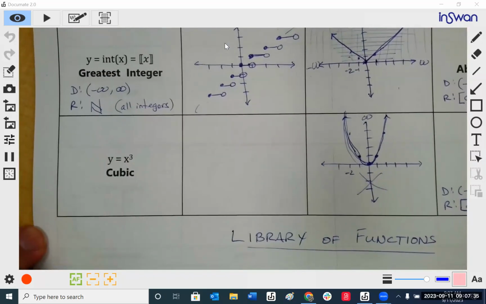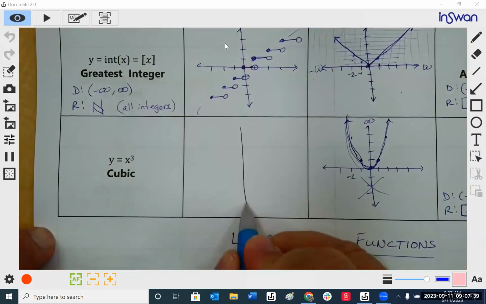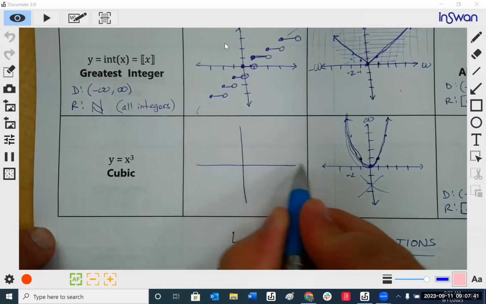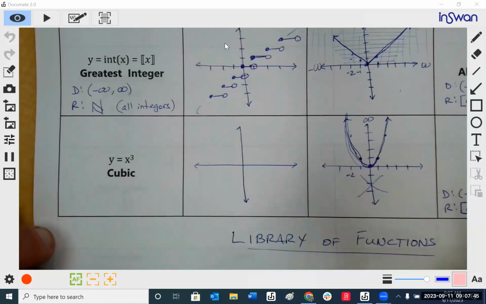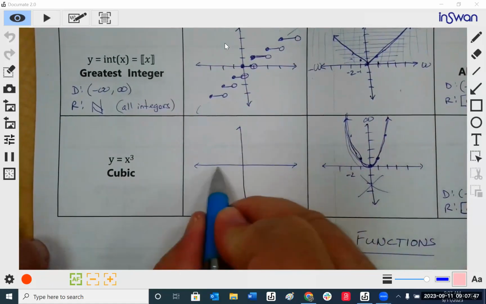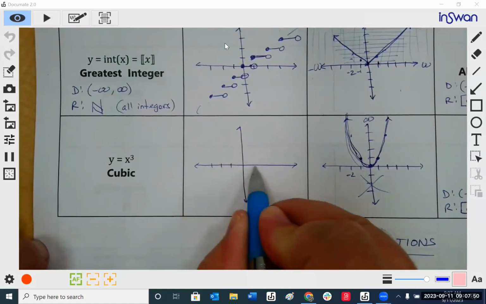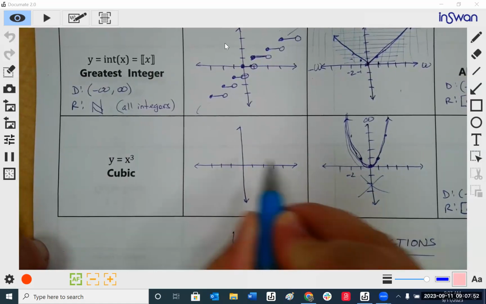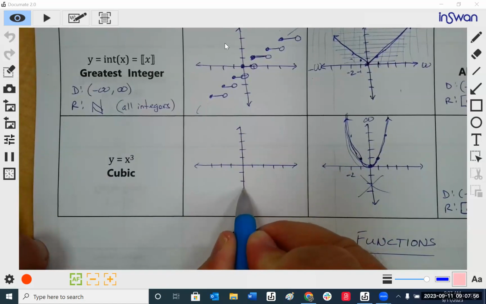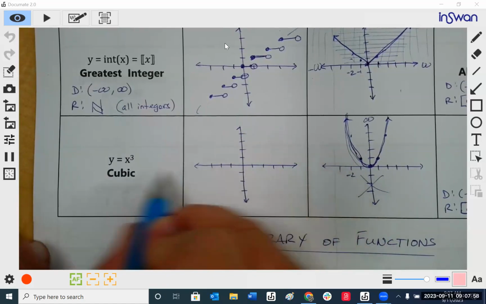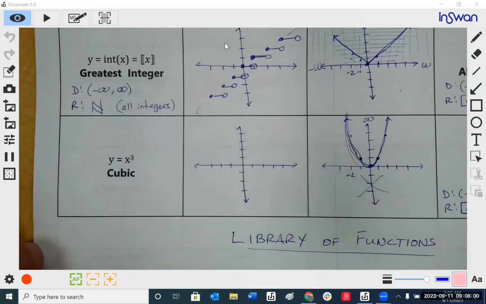The cubic function. Can x be negative? Yeah. So if I put negative 2 inside there, what do I get? Negative what?